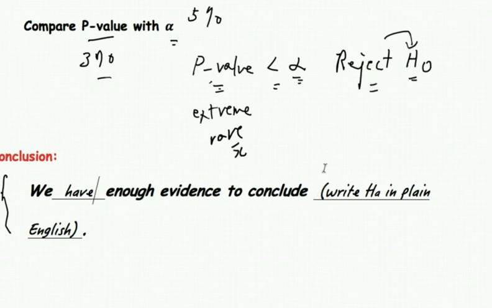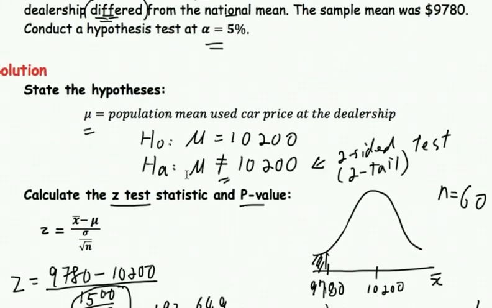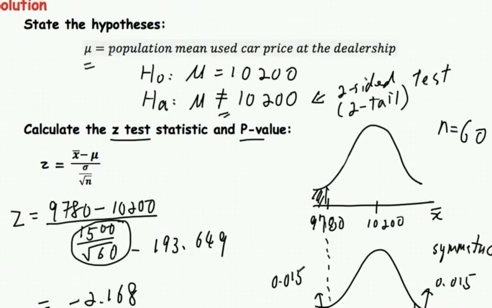Now, what is our conclusion? What is our alternative hypothesis? Our alternative hypothesis is mu is not equal to 10200, right? And what is mu? Mu is the population mean used car price.